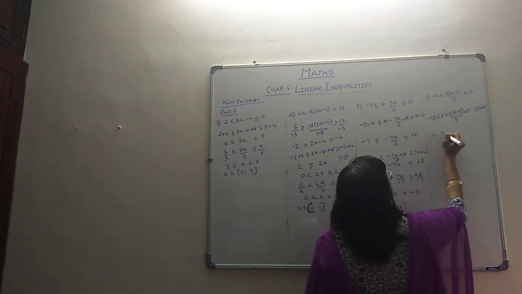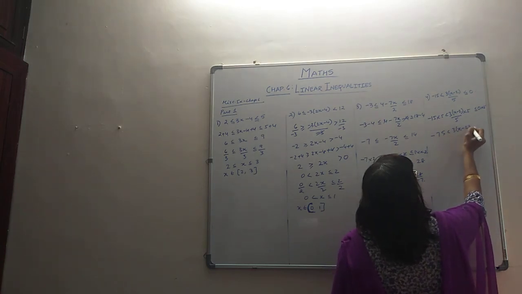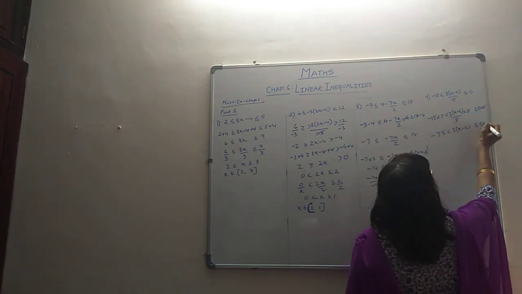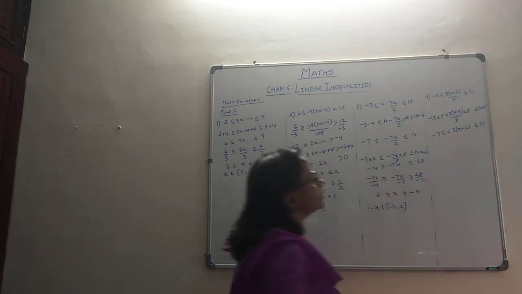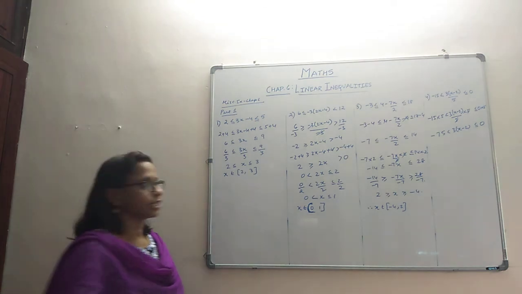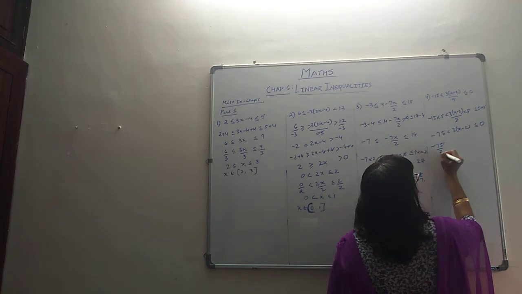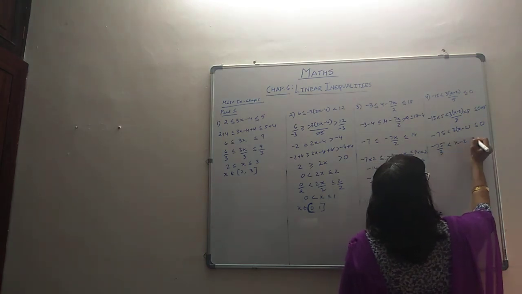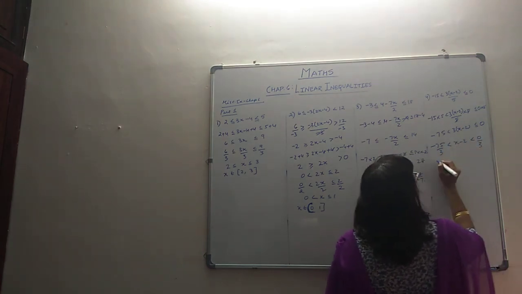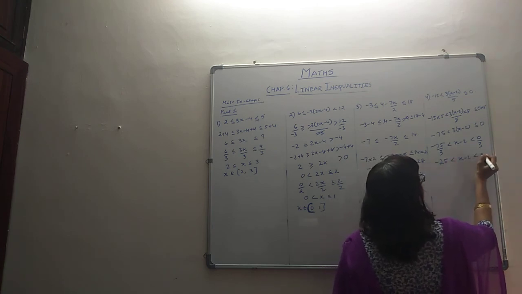So that is minus 75, less than 3 times x minus 2, and the 5 vanishes, 0. Then it is 3 times, so dividing throughout by 3. You will have minus 25 here, x minus 2 and 0.